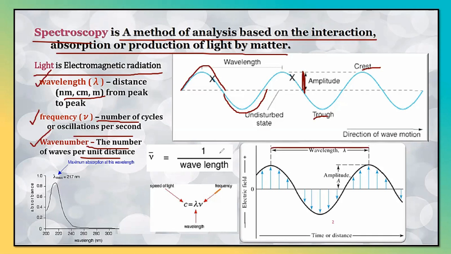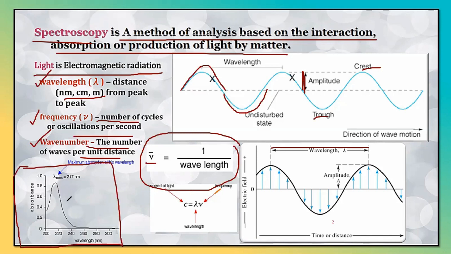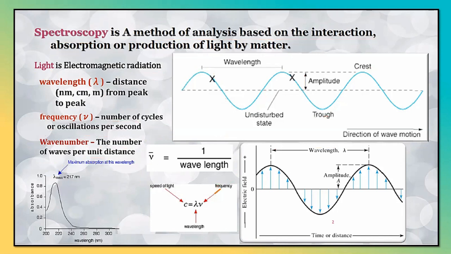This is the formula of wave number, where nu bar is the wave number and it is 1 by wavelength. This is how an absorption spectra looks: there will be a peak corresponding to the maximum absorbance, and gradually it will fall down. So this was all about this slide. Let us go to the new slide.